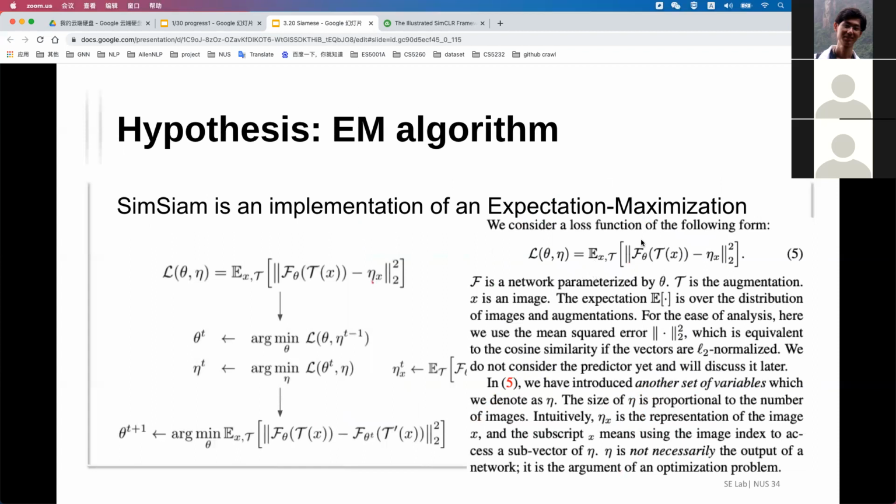First, we consider a loss function of the following form, and this f is actually the representation part, like ResNet, and the T or tau is just the augmentation part.